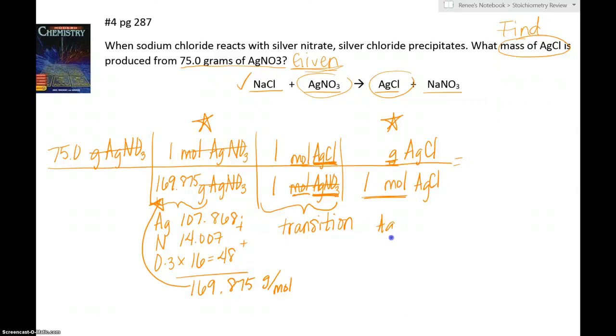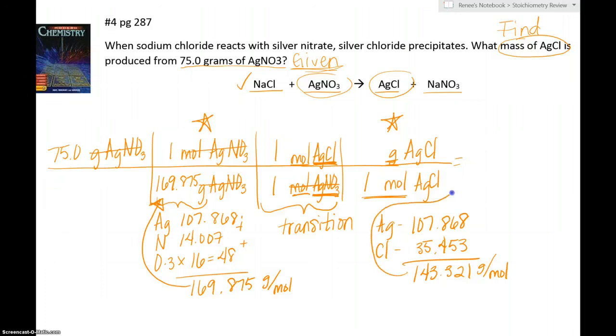We have silver and we have chlorine. Silver again is 107.868, and chlorine is 35.453. We add those two together, we get 143.321 grams per mole. So that's how much one mole of silver chloride should weigh.